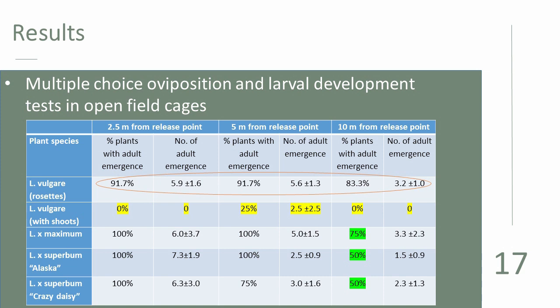Compared to Leucanthemum vulgare with rosette, in the red oval here, which was more likely to be attacked by C. trisulcatus. In the green highlight, all of the tested Shasta daisies were heavily attacked up to 10 meters from the release point. It indicates that C. trisulcatus searches for Shasta daisy under natural conditions in North America.